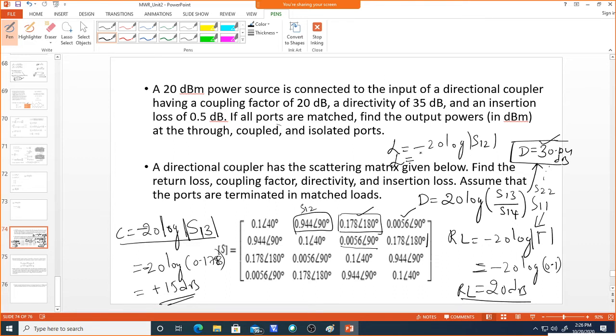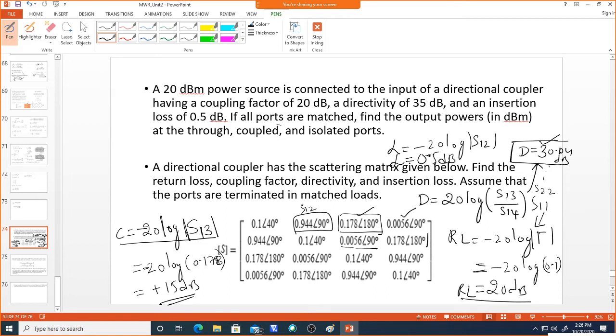I got 0.5, sir. 0.5 dB or 0.5? Minus 0.5 dB.